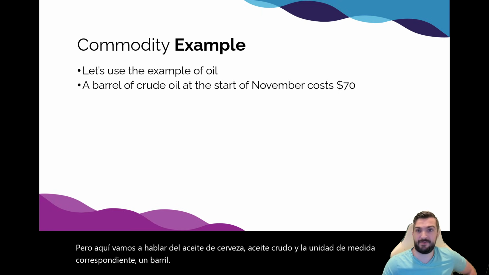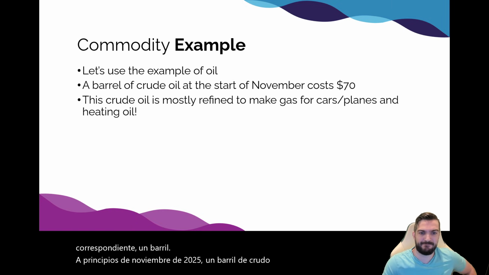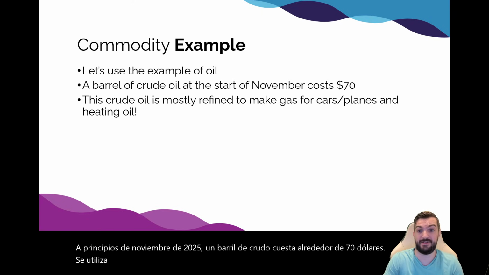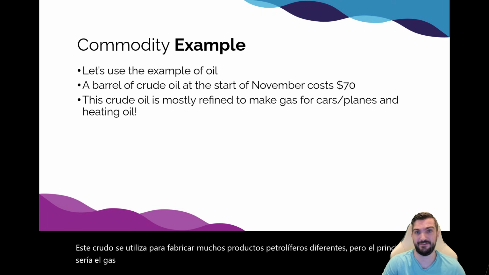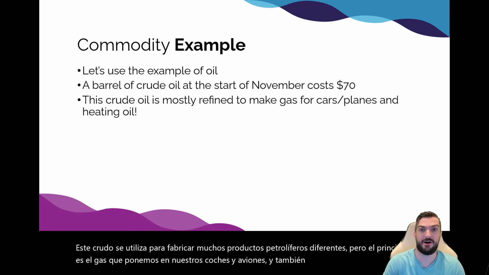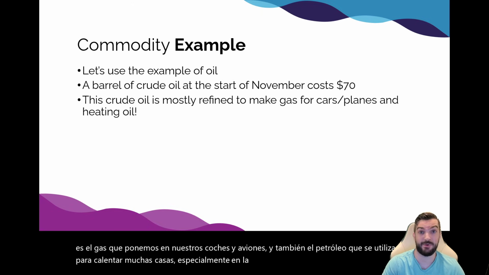At the start of November of 2025, a barrel of crude oil costs around $70. This crude oil is used to make lots of different oil products, but the main one would be the gas that we put into our cars and airplanes, but also oil that goes into heating many houses, especially on the east coast of the United States, where it gets pretty cold in the winter.